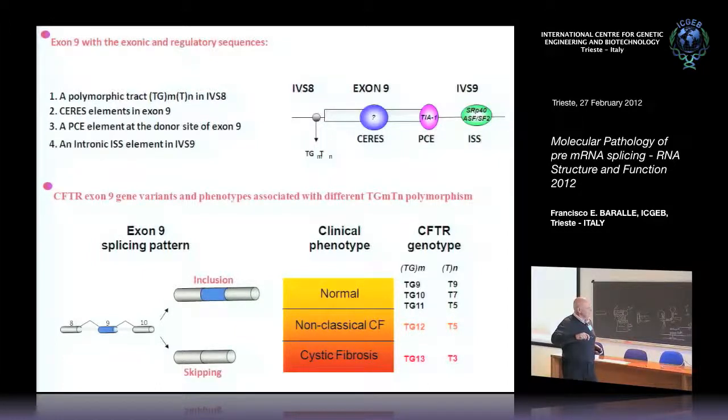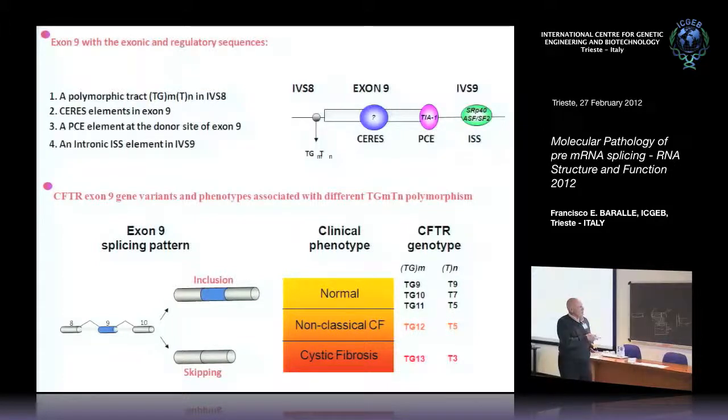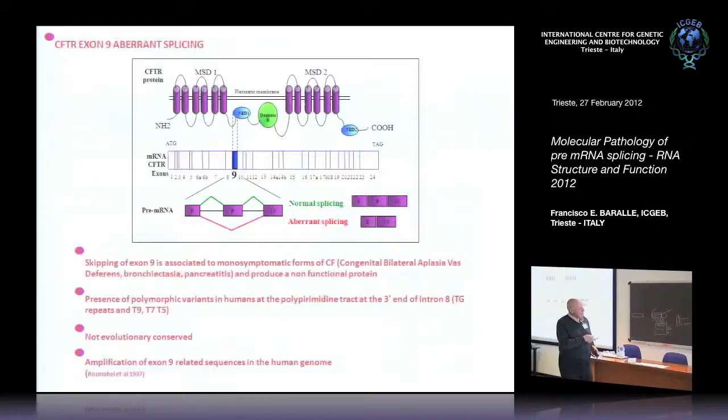TG9, T9, or TG10, T7 is variable. TG, you know, is the microsatellite that people use to map genes in the chromosome. So it's quite common. And in this case, it has landed here probably because a transposon hit sometime, because only primates have it. The mouse CFTR exon 9 is 100% included and has a normal 3' splice site.